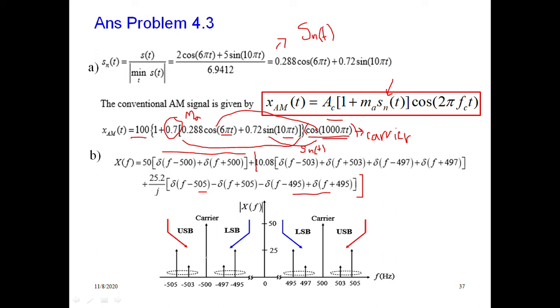All right, then we have 1 2 3 4 5 6 7 8 9 10. This is the carrier, 500 and 500, so we have 10 delta. And then 5 plus 503 and minus 503.